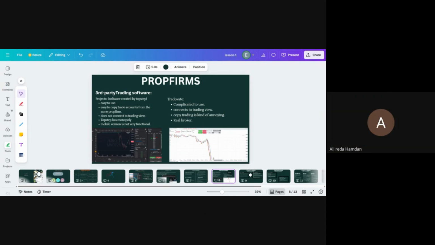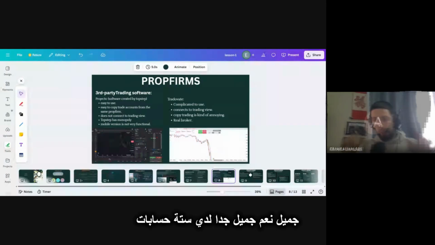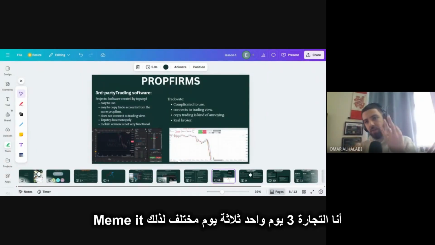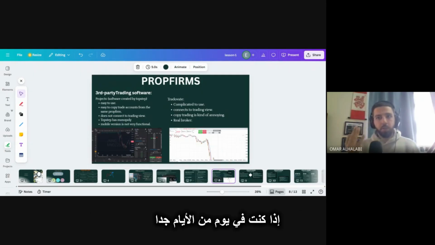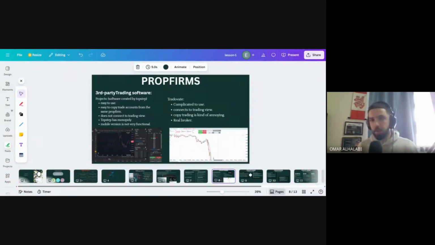Okay. That's the beauty of prop firms, literally, you can multiply your profits. Lovely. Yeah, very lovely. And I have 6 accounts. I do them in cycles. I trade 3 one day, 3 the different day. So if one day I was not very accurate with the markets, I don't blow all my accounts. I found this way the best way.